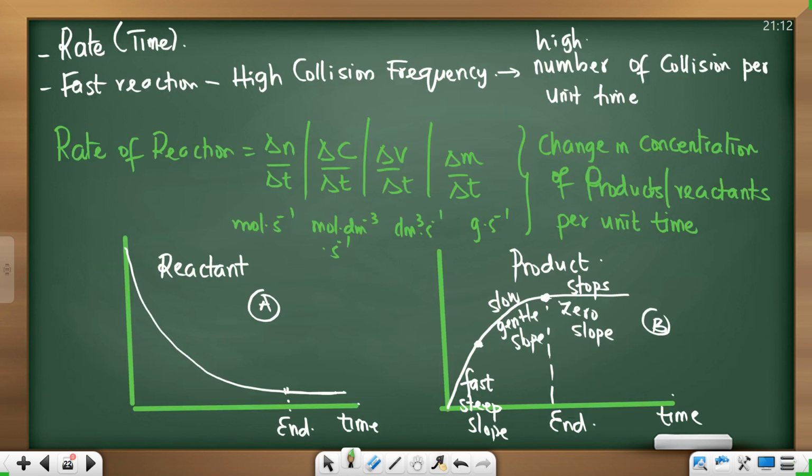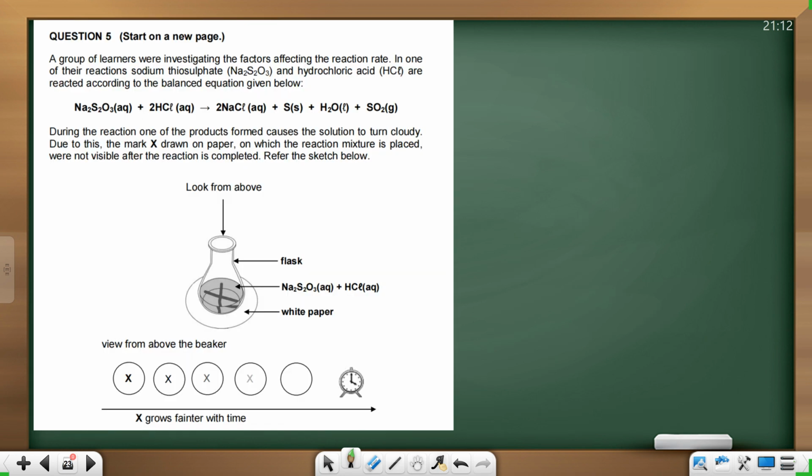All right, let's quickly answer questions now. I want to make sure we get this done. A group of learners were investigating the factors affecting the reaction rate. In one of their reactions, sodium thiosulfate and hydrochloric acid are reacted according to the balanced equation below.